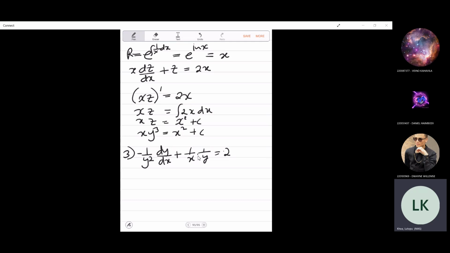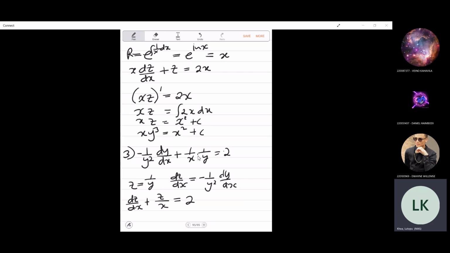So we say z is equal to 1 over y. This means that dz/dx is negative 1 over y squared dy/dx. And then we substitute. We have dz/dx plus 1 over x times z, or just z over x. This is equal to 2.